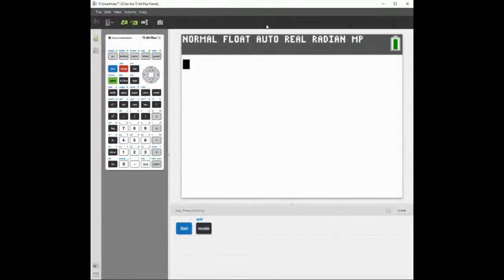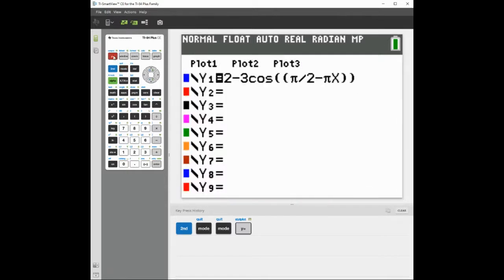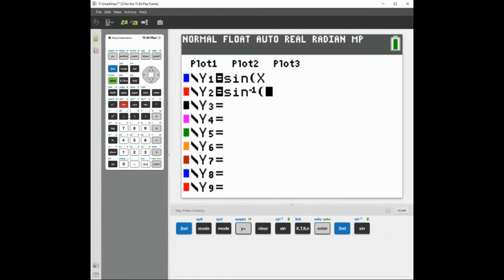All right, there we go. So first, make sure I'm in the right mode. So that's radian, that's good. And so I'm going to type in just sine of x, and then I'm going to write sine inverse of x, so we can see the difference between the two.